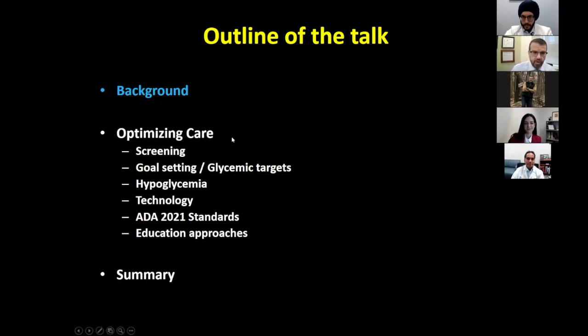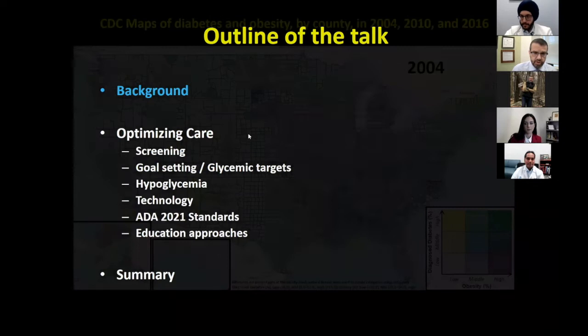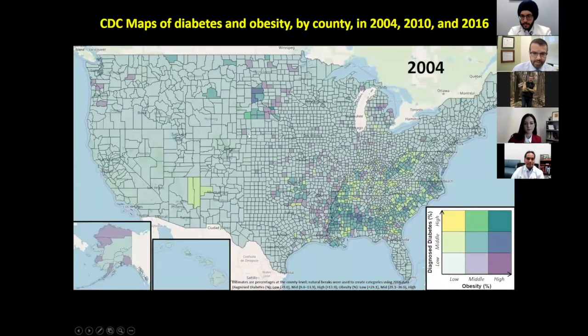So in terms of optimizing, first of all, just a general background in terms of diabetes and obesity management. If we look at the CDC prevalence, this map shows prevalence of diabetes and obesity starting in 2004. If you look in the bottom right-hand corner, you can see patients diagnosed with diabetes or obesity.